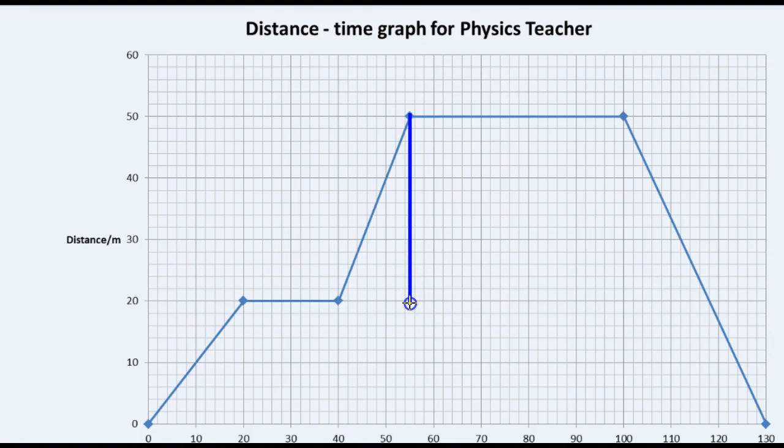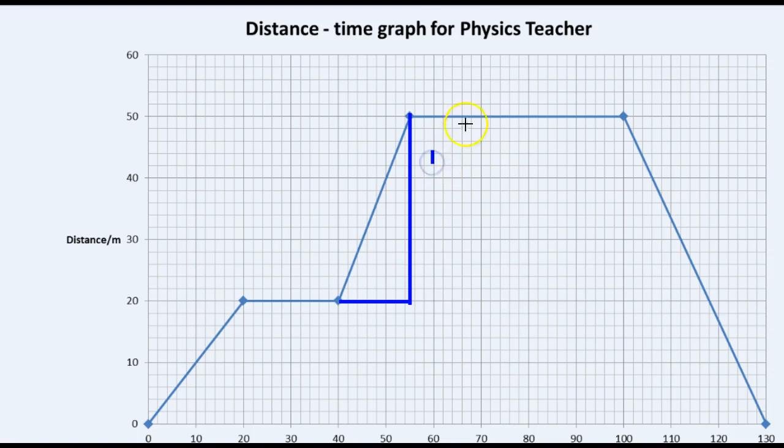from there to there, so I've gone from 20 meters to 50 meters. It's not a very good line, but there we go. And it has taken me 15 seconds. So once again, I can calculate the distance, the change in the y values, which is from 20 to 50.